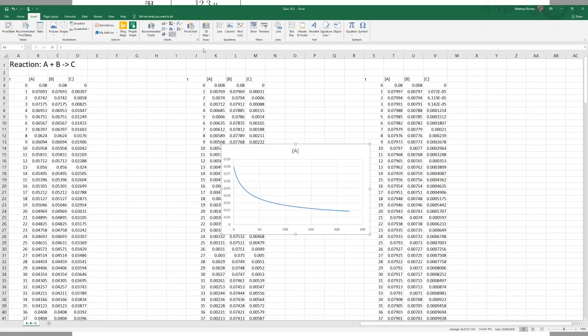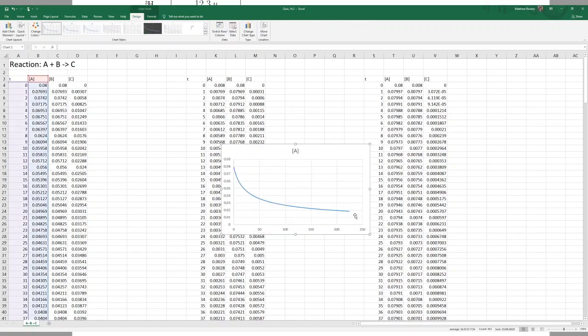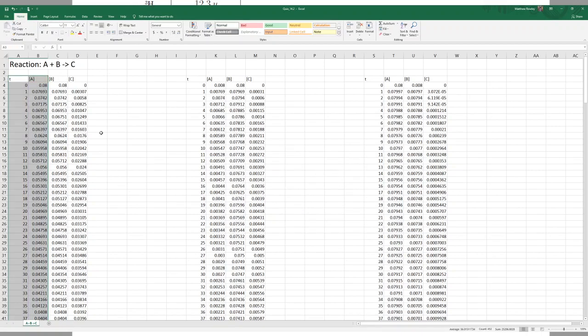Any one of these scatter charts would be fine, but when you've got a high density of points, I think it makes the most sense to just do a smooth line. And all we're really looking for is, is this linear, or is there some curvature? And it's obviously curved, so I'm going to go ahead and delete that. That means that we don't have 0th order kinetics.